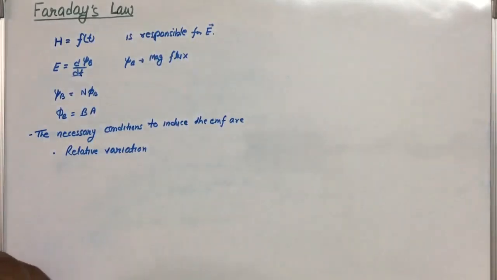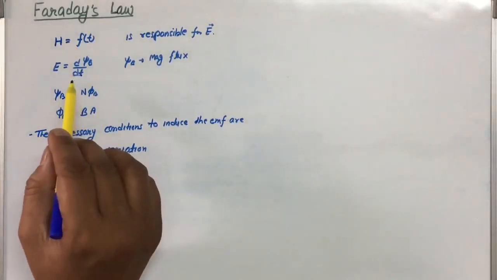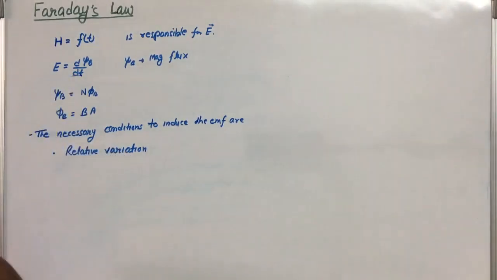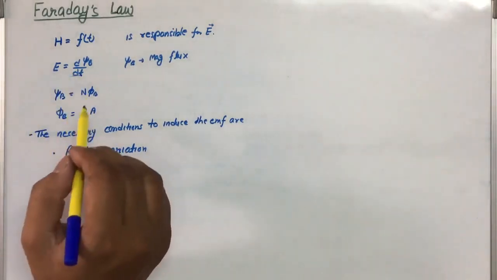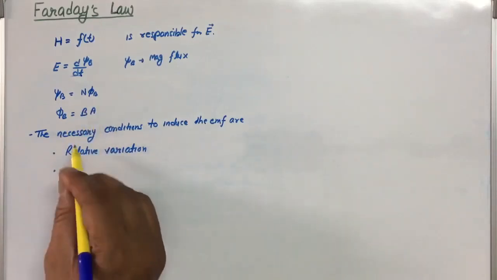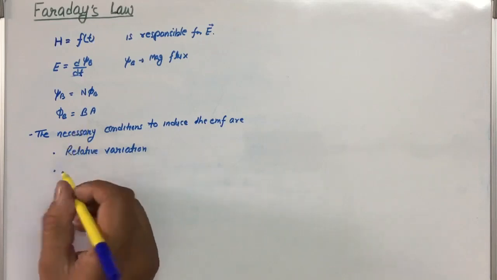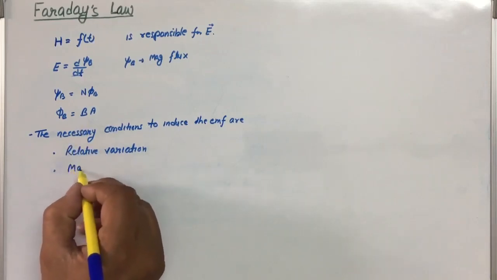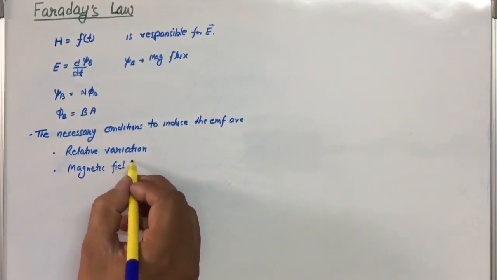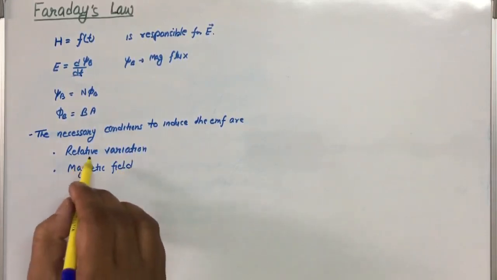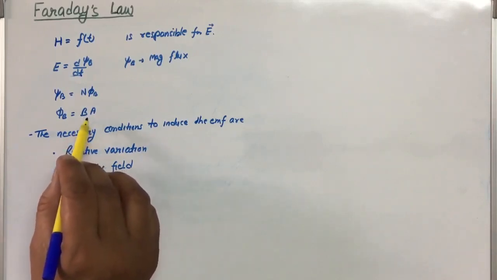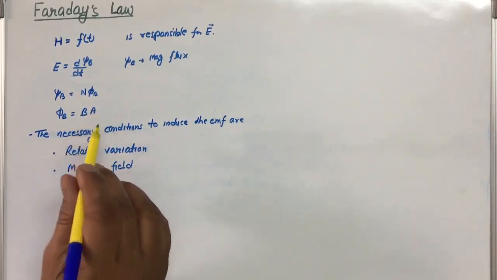Variation should be in space as well as in time. And second, the magnetic field is required. It is important to be there. The magnetic field is required, and the variation between field and A should be there. Either the area is changing or B is changing.